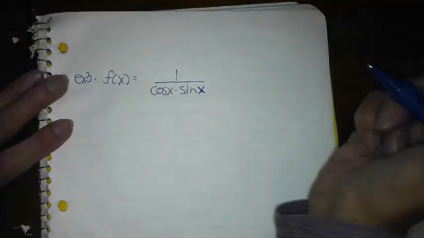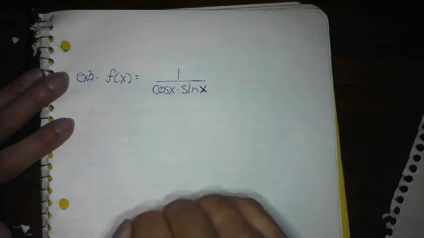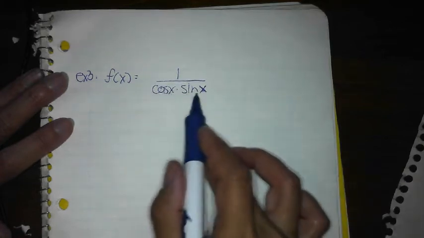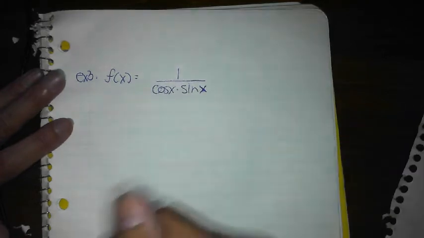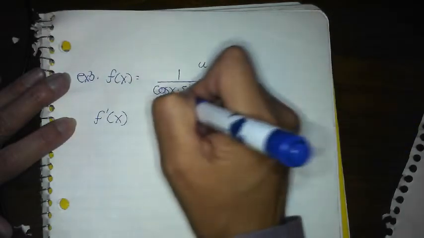So knowing what rule to follow, first off, the x's are in the denominator, which automatically means you have to do a quotient rule. And then I can see a product in the denominator. So there's a product rule inside of the quotient rule. So quotient rule it is.